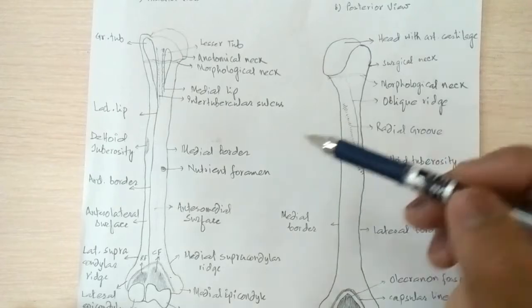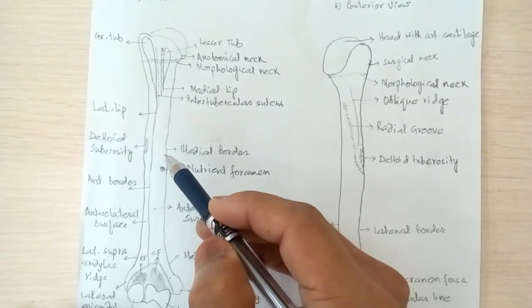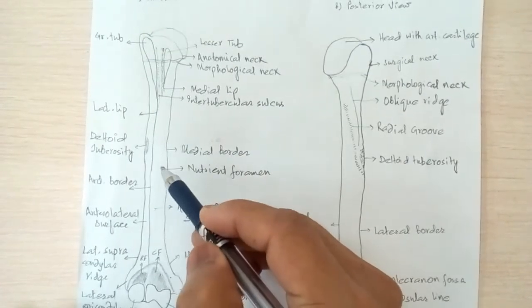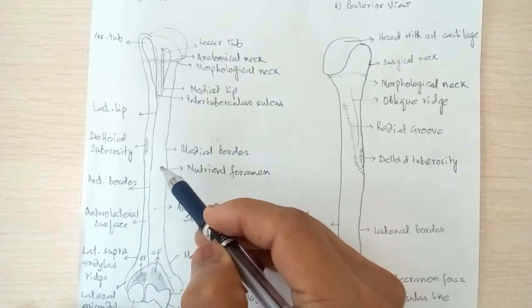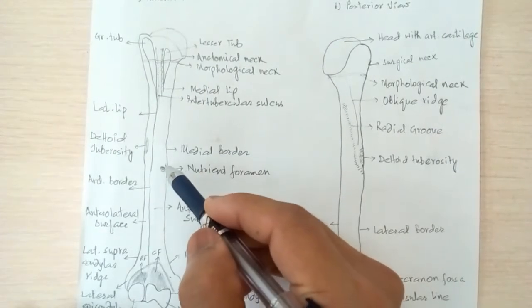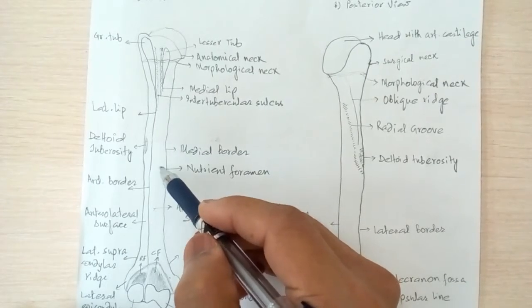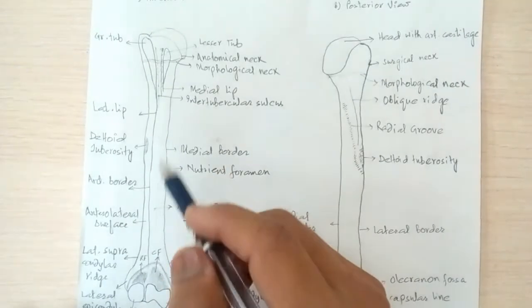And near the medial border, in the anteromedial surface, this point is the nutrient foramen. The nutrient artery enters into this channel and supplies the interior of the humerus.